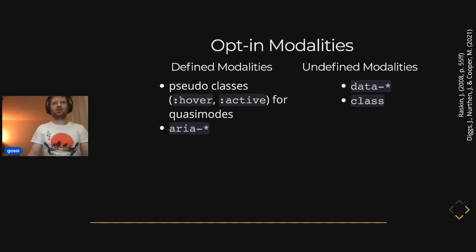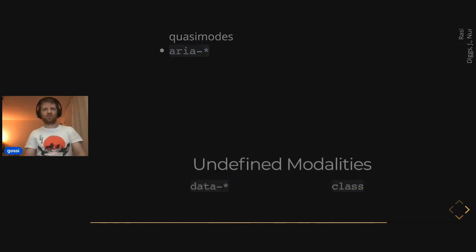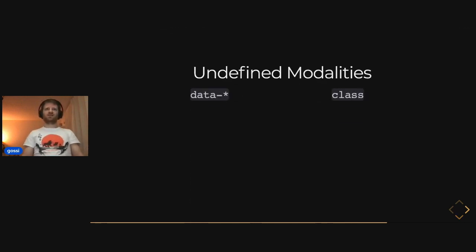Now, let's go and look into them a bit deeper for the undefined modalities, because this was a recent discussion on Design System Slack where people asked, hey, what is the difference, what can we use them for? And there were some interesting arguments, so I want to pass them forward to you.